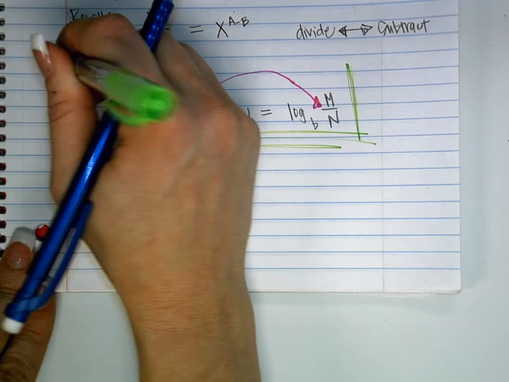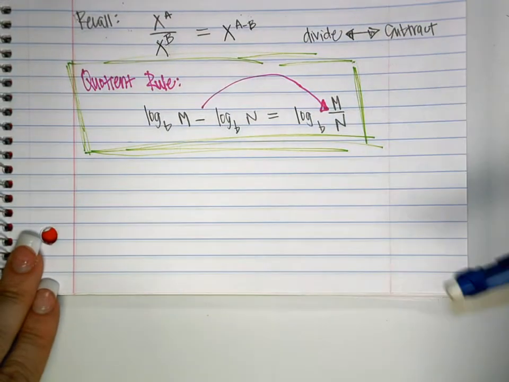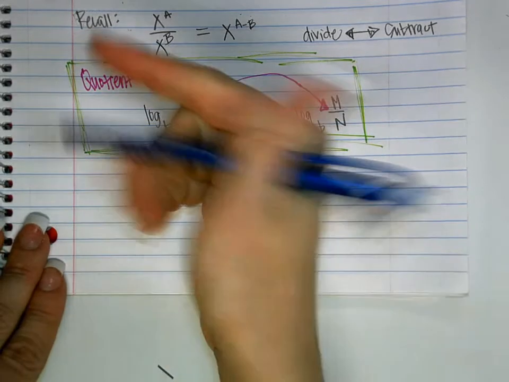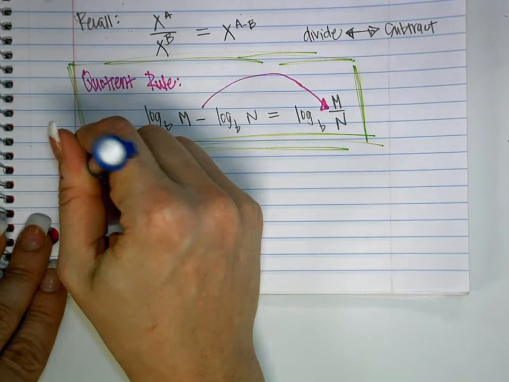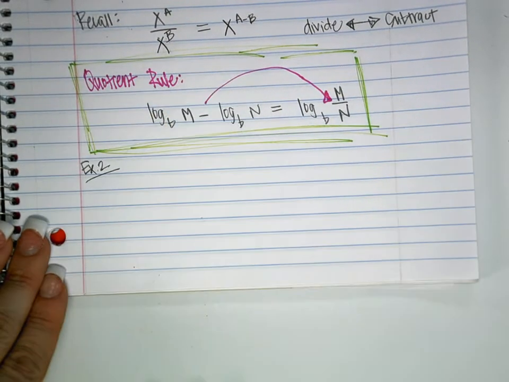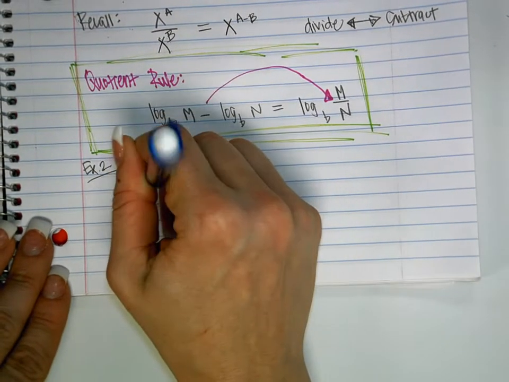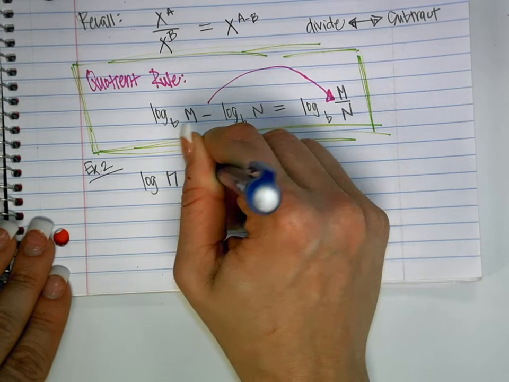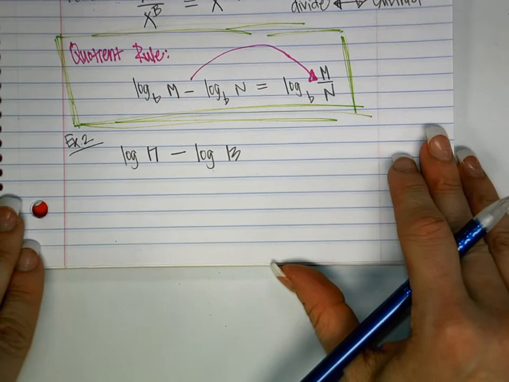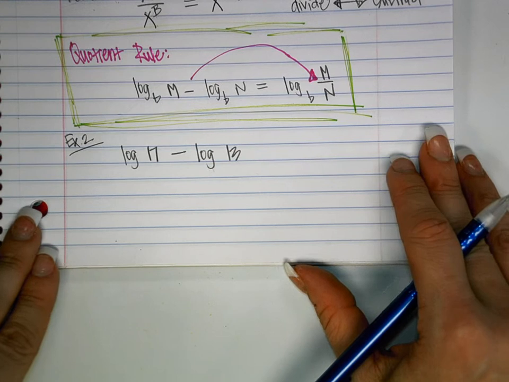Any questions so far? So this is going to look something like this. If I give you, for example, number 2, and again, I'm asking you to condense this, how about log 17 minus log 13?